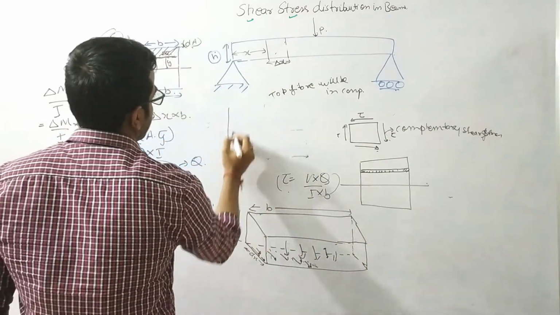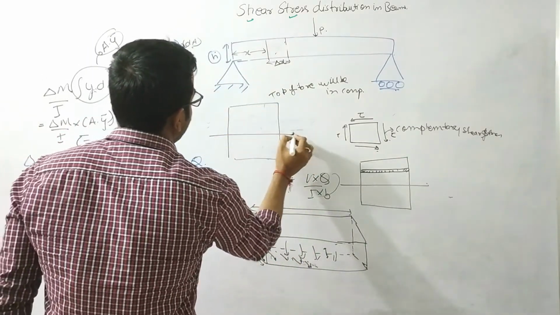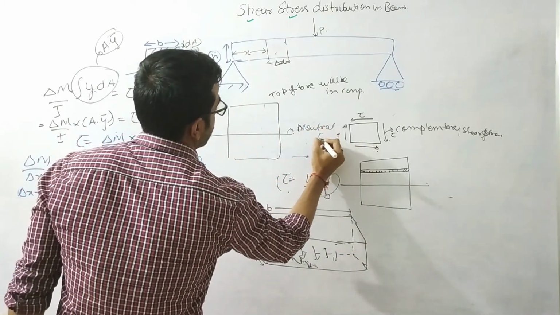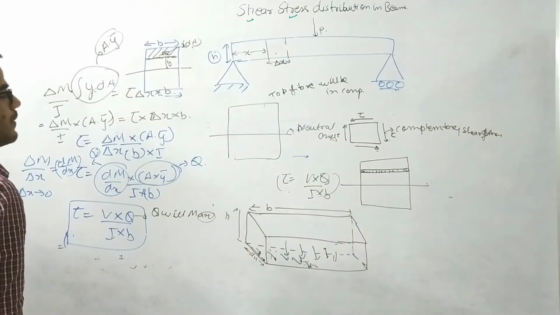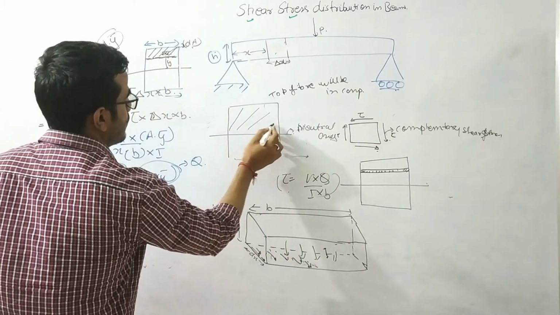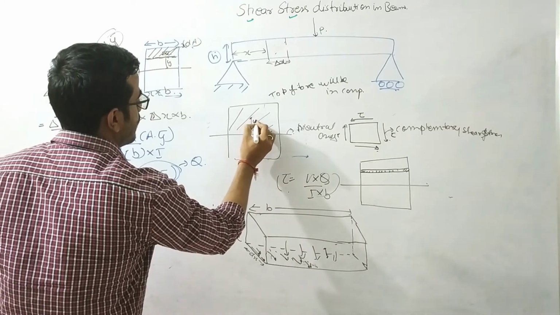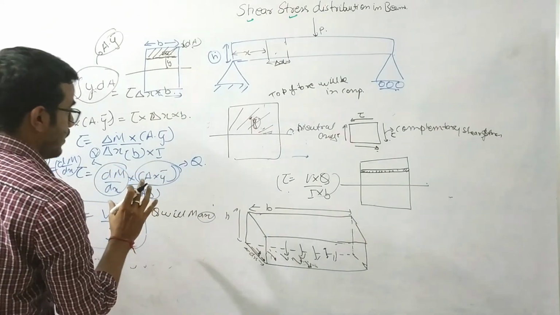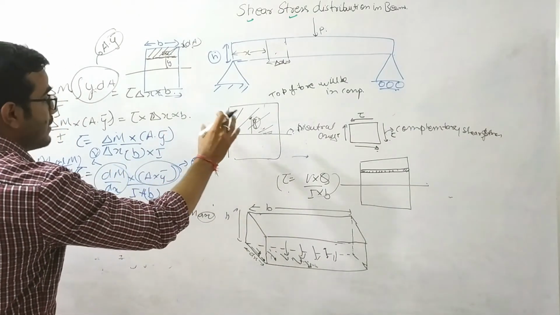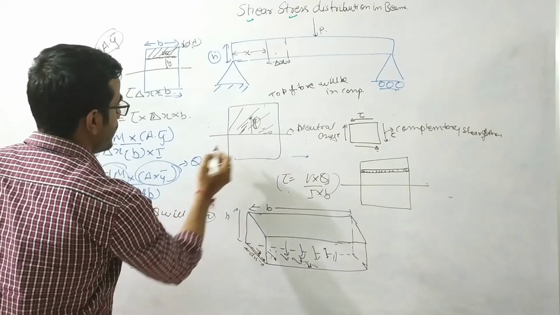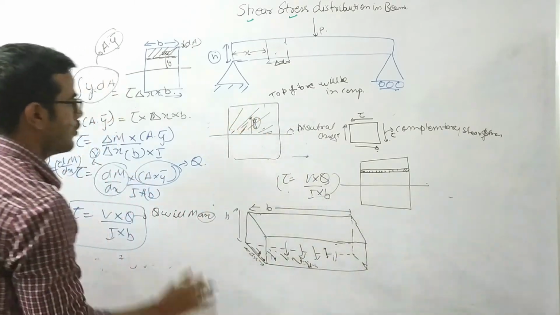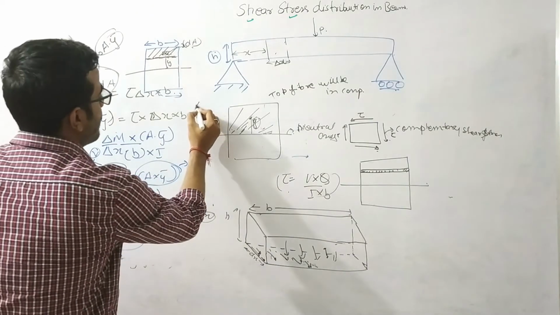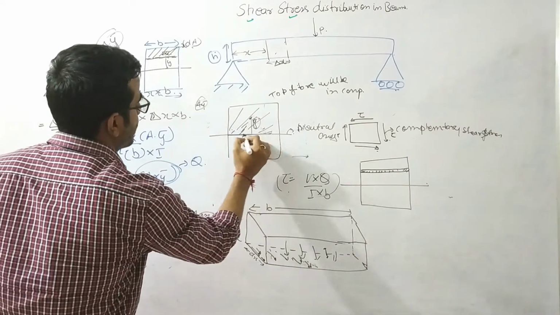Q will be max at the neutral axis only, because the whole area above is contributing to it, and there is some y bar also. At the neutral axis, the whole area above is contributing to this tau. So this A y bar will be max at the neutral axis.